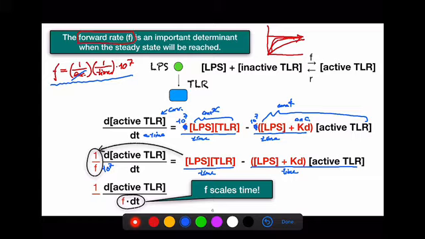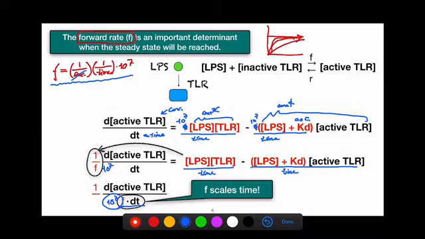What does it mean? Well, it scales the time by 10 to the power 7. What used to be 1 second now becomes 10 to the power 7 times faster. So it essentially scales the time. It makes the time run faster.